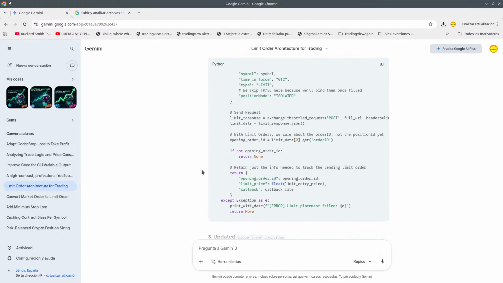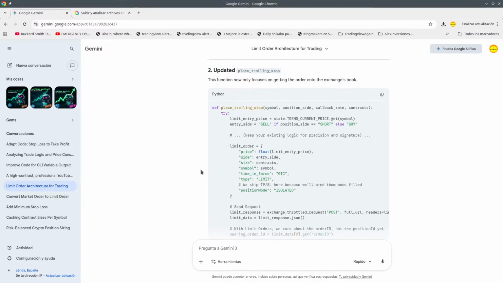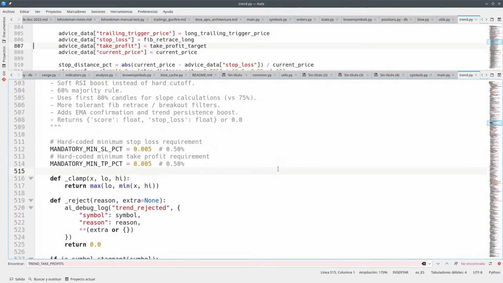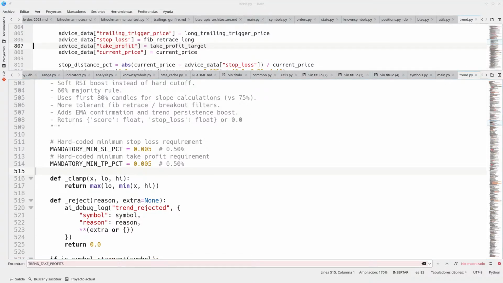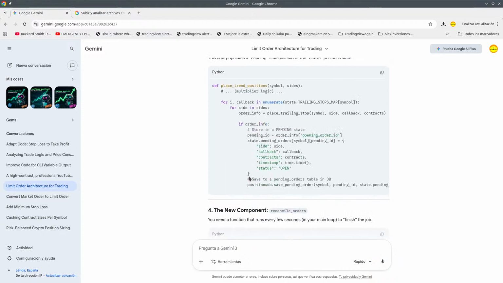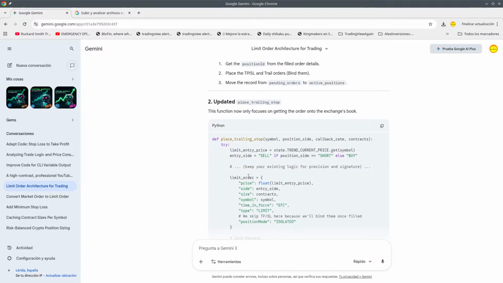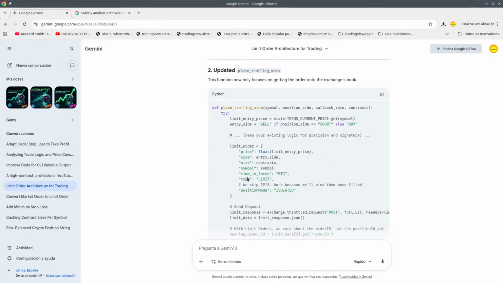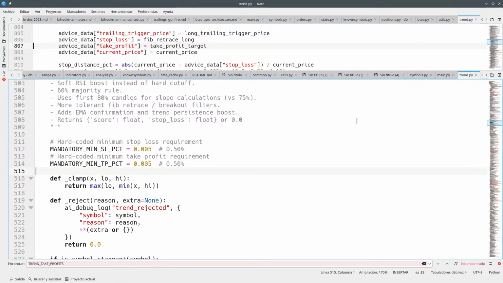So maybe we need to rewrite something else before doing any of this, because right now it's asking us to have this reconcile stuff and so on, place trading stop. But what we actually use is something different. So let me see.